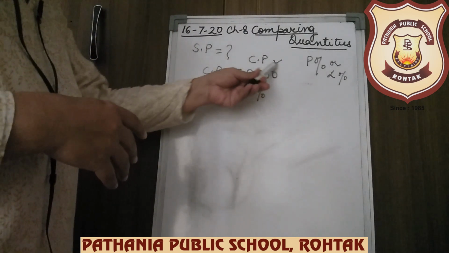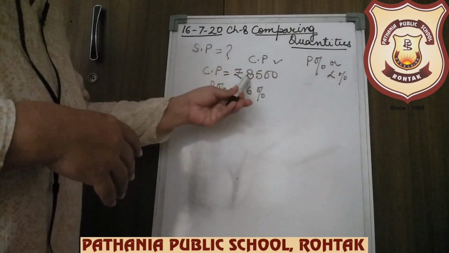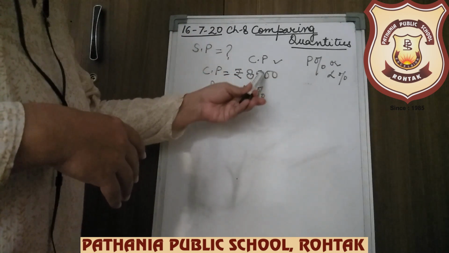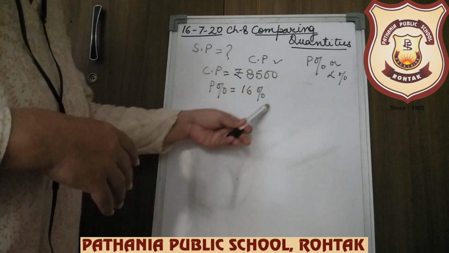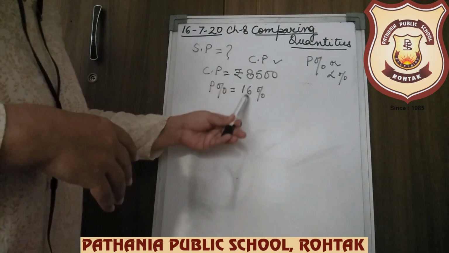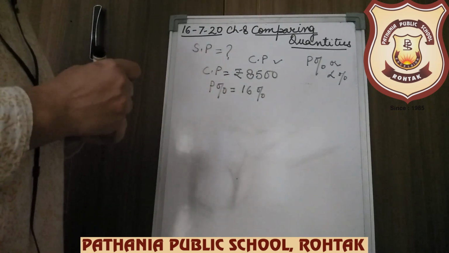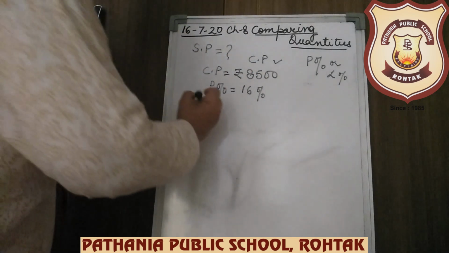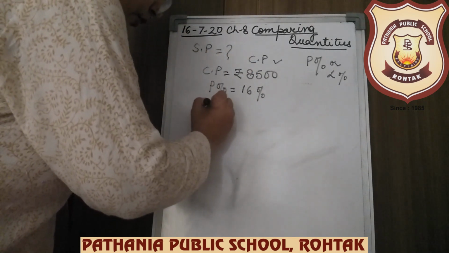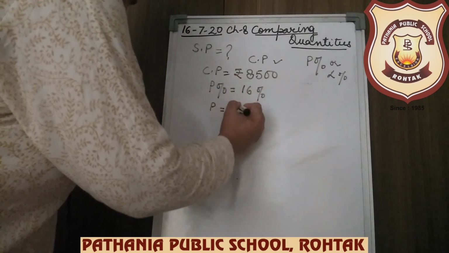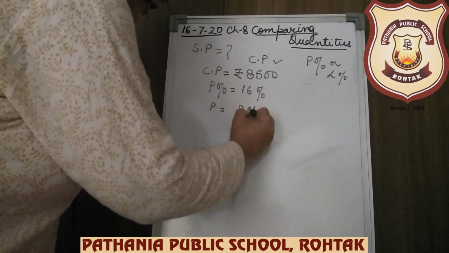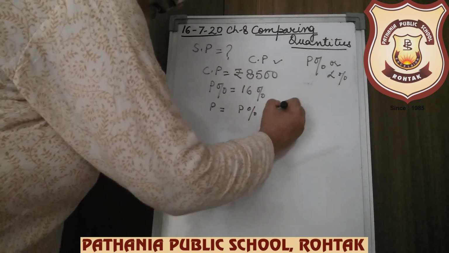So this is out of 8500, means this is the total 8500 for which you have got the profit of 16%. So how to calculate the profit? So profit is equal to profit percent of CP.